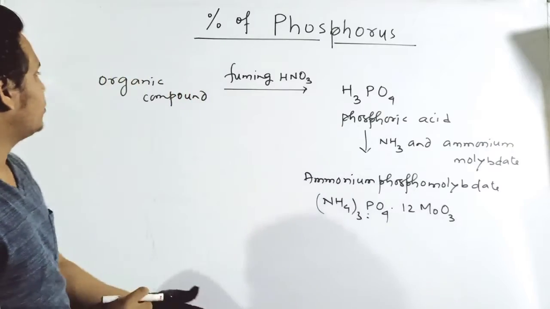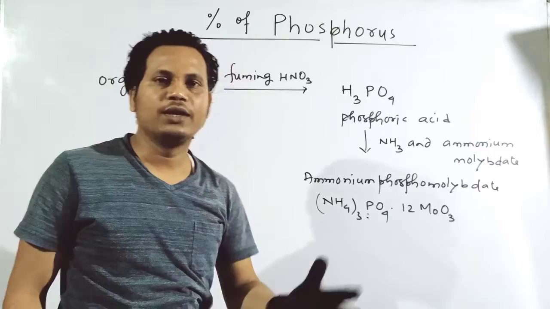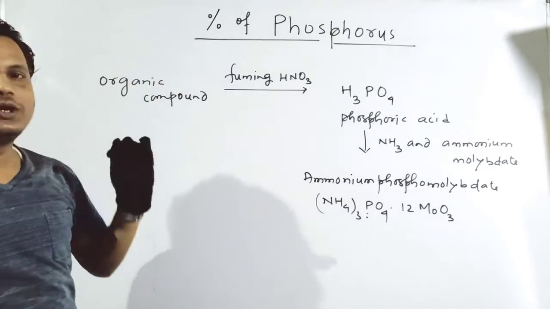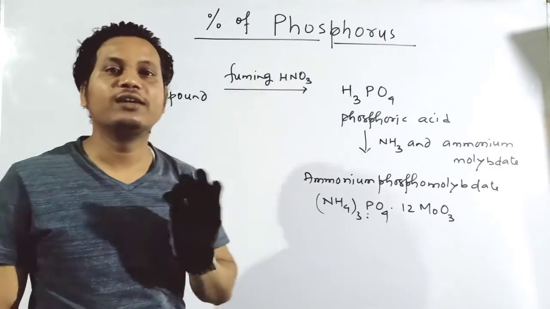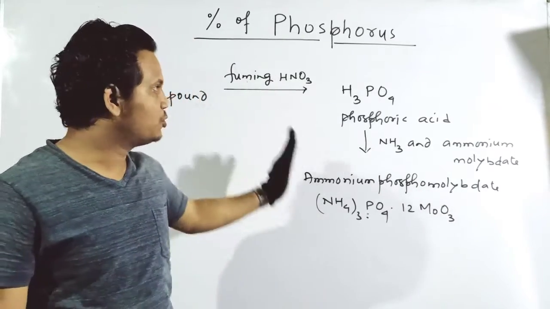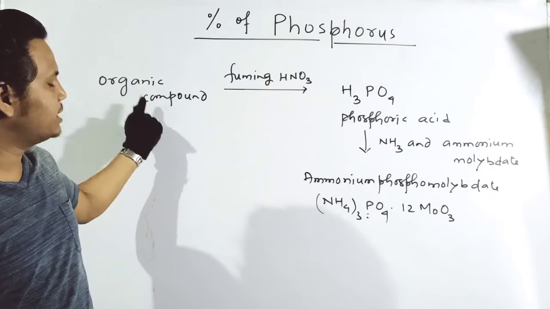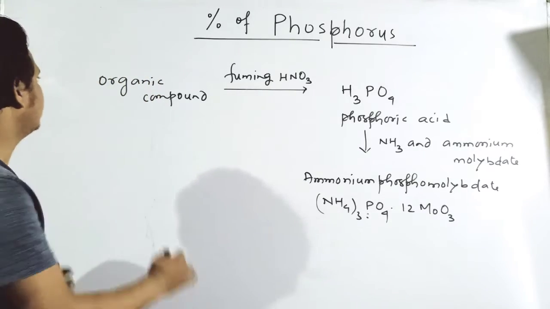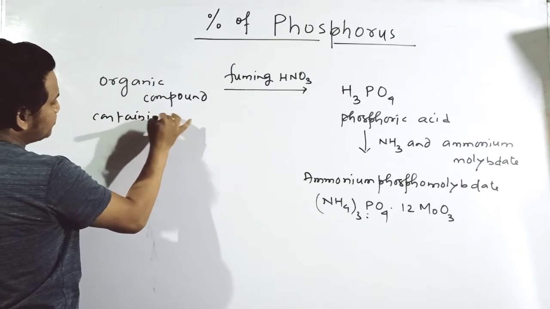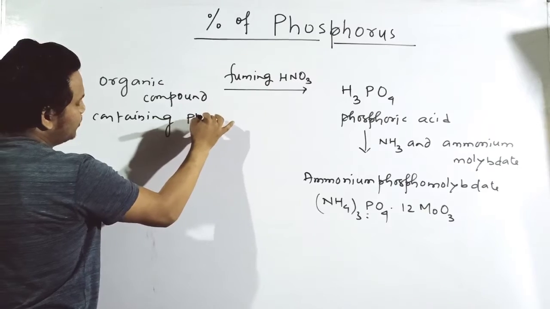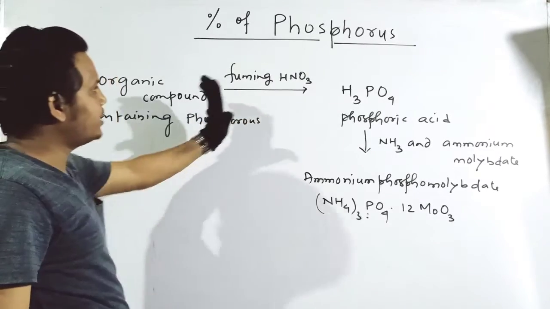So for calculating the percentage of phosphorus, what is the procedure? The organic compound which contains phosphorus is first treated with fuming nitric acid.